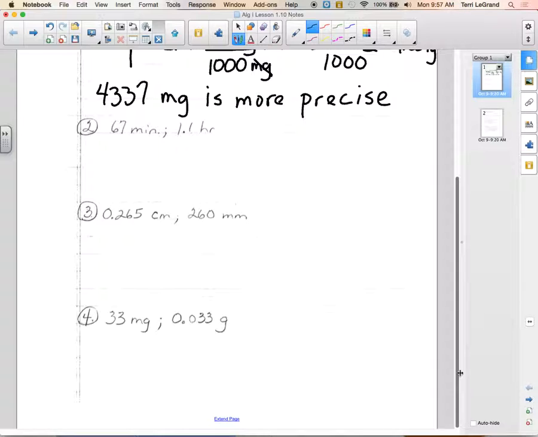Aaron? Because an hour is 60 minutes. Okay. And there's that 0.1, which is like a tenth of an hour. And then the 67 minutes, that's like an hour and 7 minutes. Okay, so then that one's measured to the nearest minute, and the other one's measured to the nearest hour.